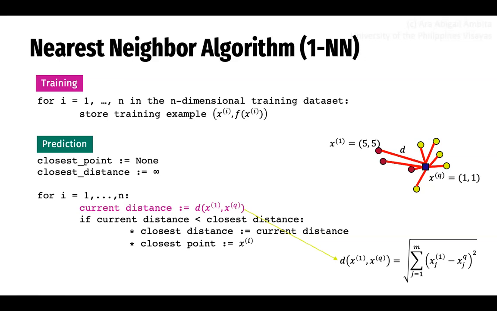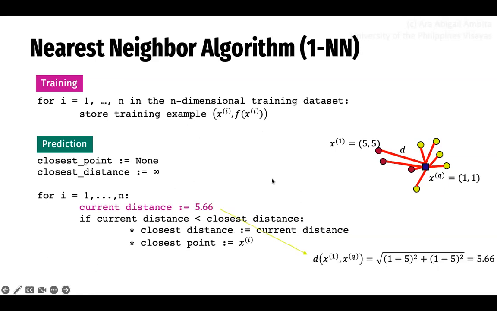And then we are going to iterate through all of the samples. Suppose starting with this x sub 1 that has points 5 and 5. So first we are going to measure the distance between these 2 points, x sub 1 and x sub q, which is our query point. We do that by using the Euclidean distance.